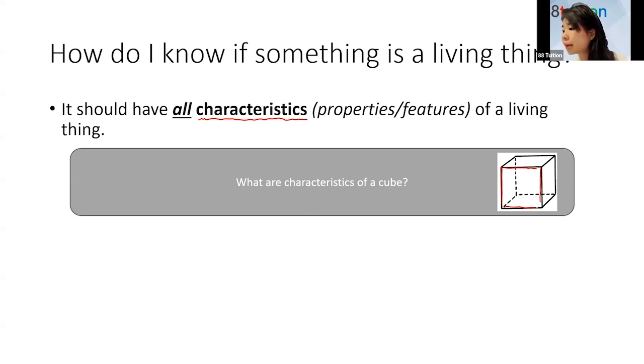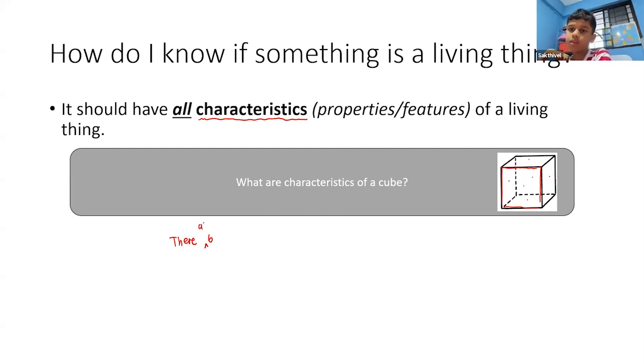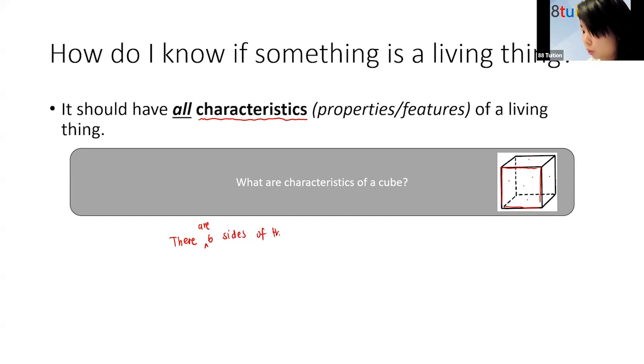What can you say about all the sides of the cube? There are 7 sides of the cube. Huh? There are how many sides? 7. Are you sure there are 7? Let's count, okay? 1, 2, 3, 4, 5, 6. So there are 6 sides of the cube. Good.